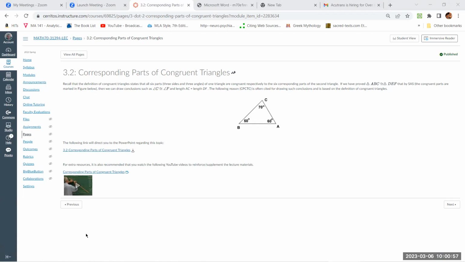Like we already proved that the two triangles we were looking at were congruent by angle side angle, right? Yes. Then you can go back and reason back. Once you know that two triangles are congruent, you can look at their corresponding parts, is what this says, and say that the corresponding parts are the same.